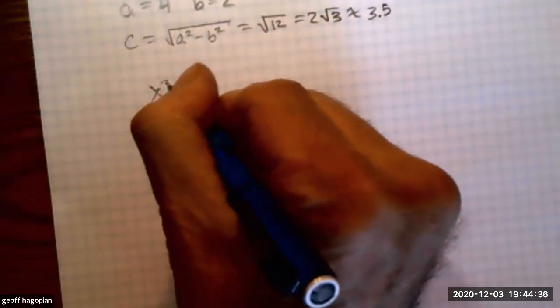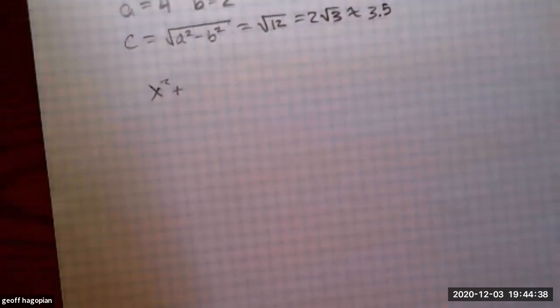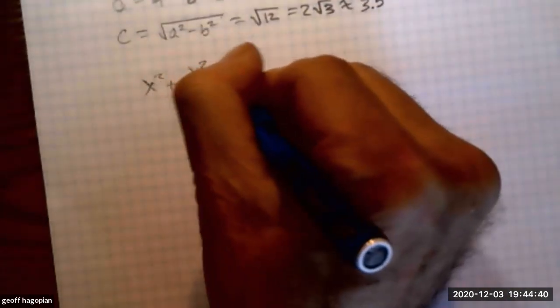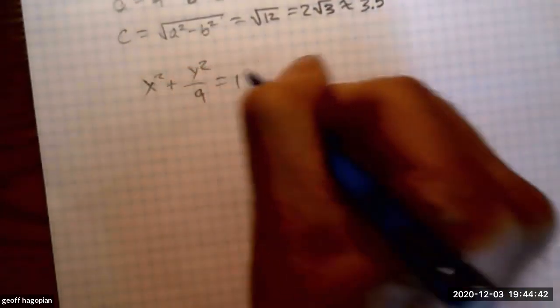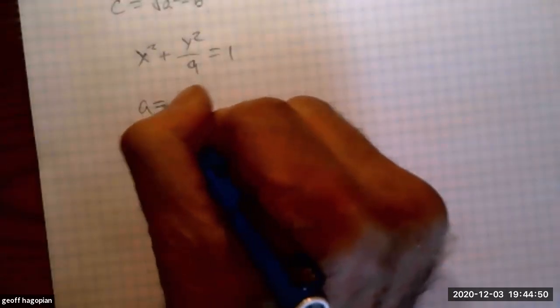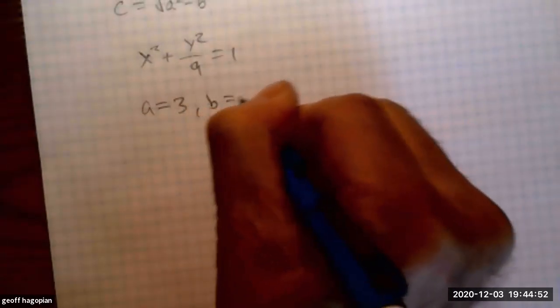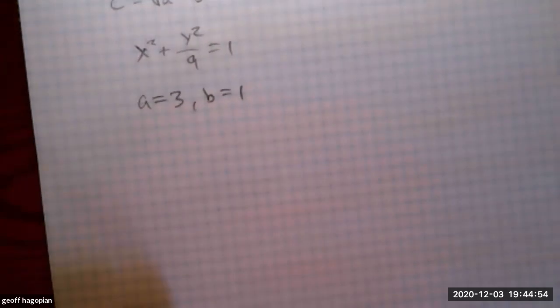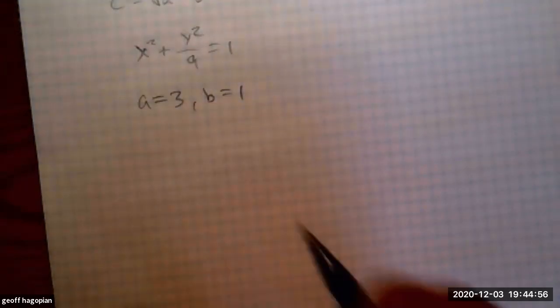Okay. So x squared plus y squared over 9 is equal to 1. Here A is equal to 3 and B is equal to 1, right? A has got to be the bigger one in the tradition of Stewart.